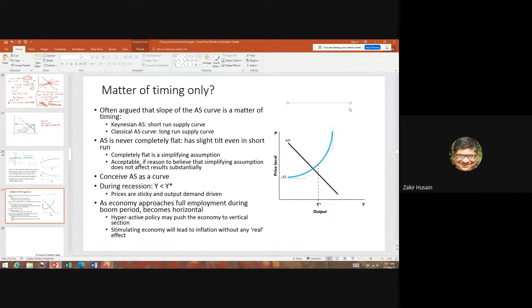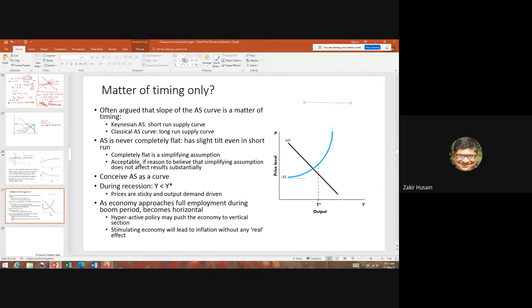As we are moving from recession to boom, the curve is going to move like this. Once we reach the peak of the boom period, the reverse process will start like this.